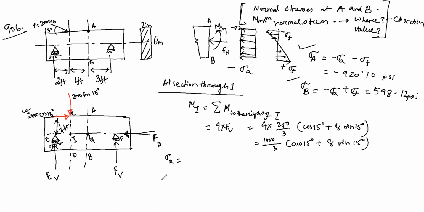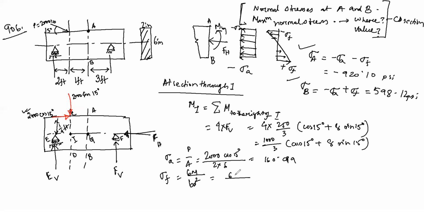Now I can find out axial stress and flexural stress, which is P by A. In this case again, only P is acting, is 2000 cos 15 degree divided by 2 into 6. So again 160.99 will come, and for this sigma F, this one is again 6M by bd square.